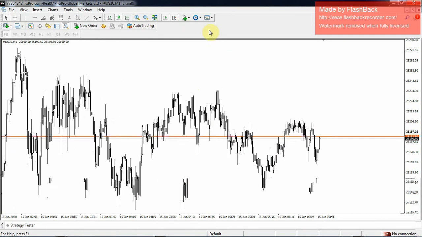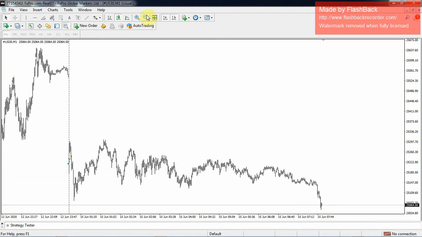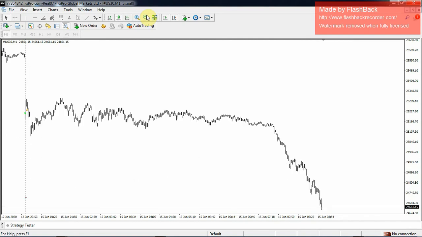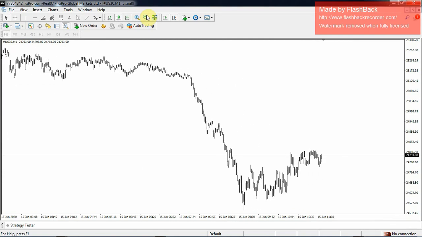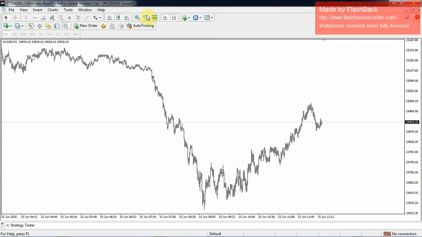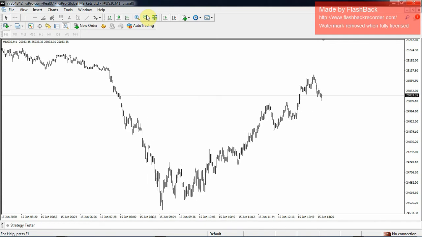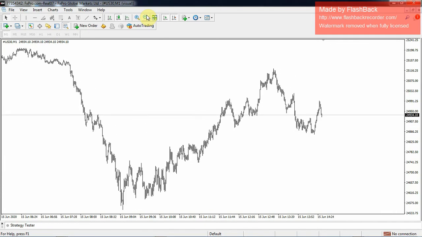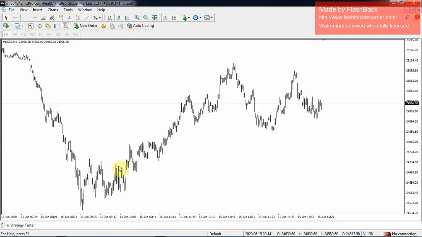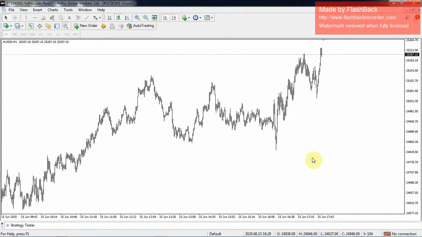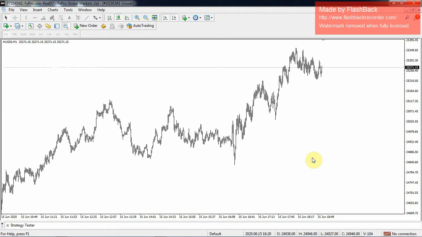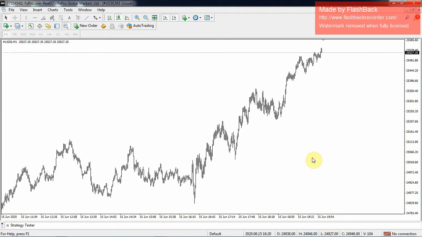People were asking, when does this robot trade? We trade the day opening of the US30 markets. The currency robot trades the day opening for currencies, but for this one we trade the day opening for US30.